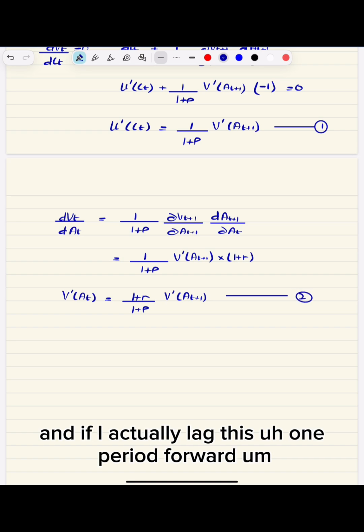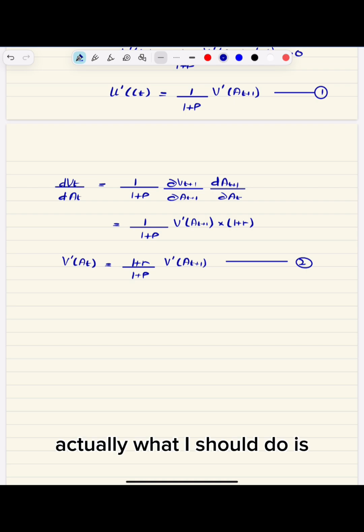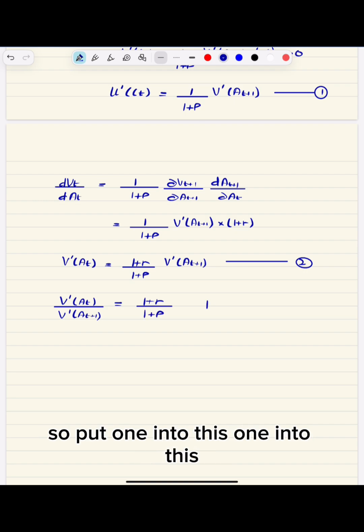And if I actually lag this one period forward, I'll be left with, actually what I should do is, wait, the derivative of v_t over v_{t+1} is equal to (1 plus r) over (1 plus rho), right? So put 1 into this, 1 into this.